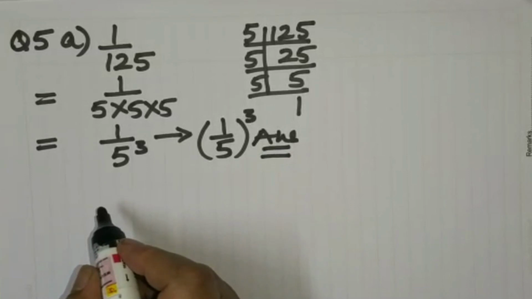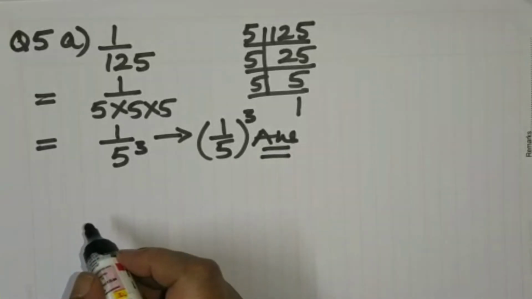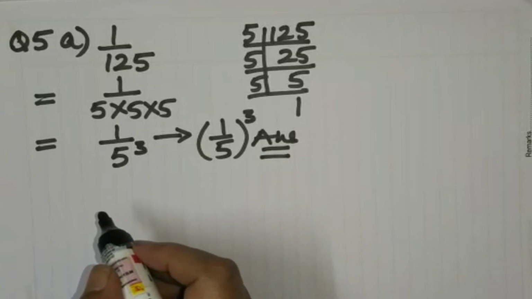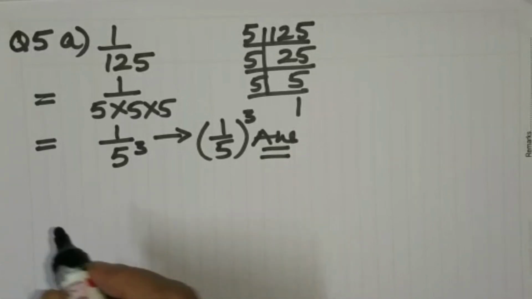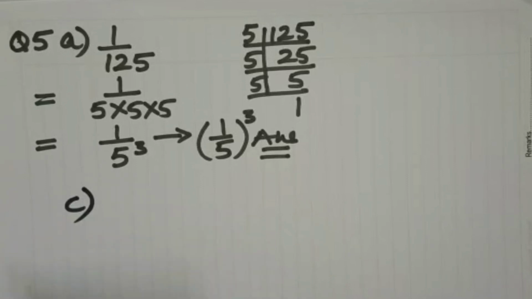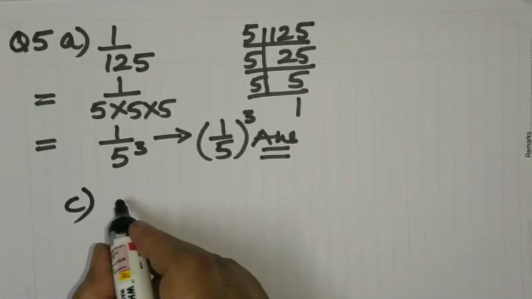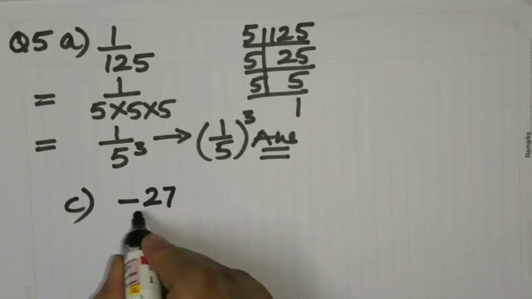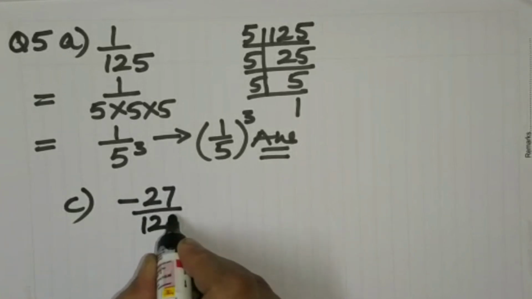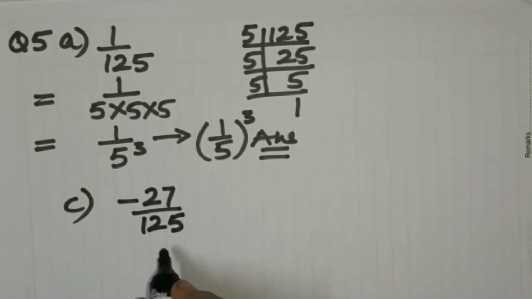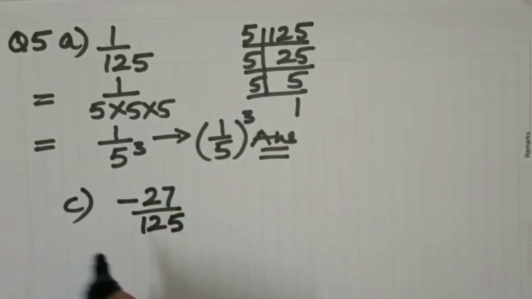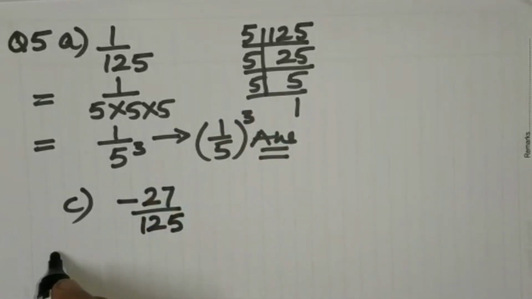Okay. One more different part. We will do question number 5, C part. Minus 27 upon 125. So 125 you have seen in the previous question. See here.